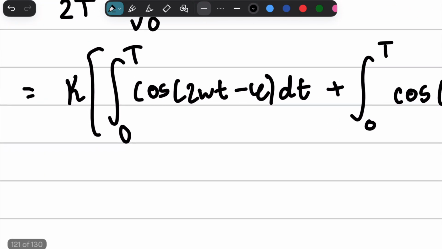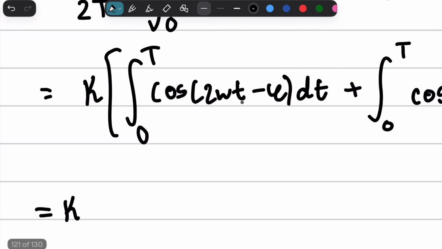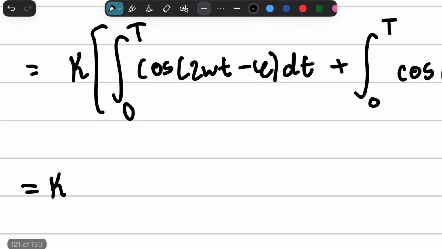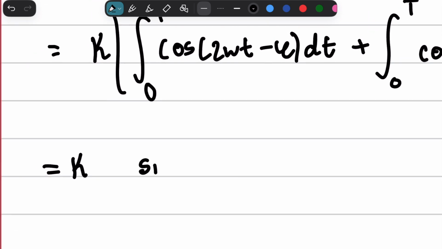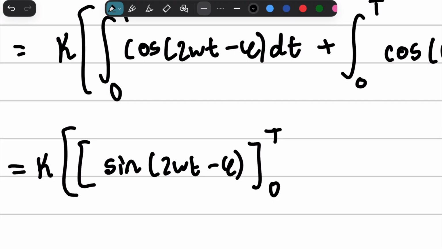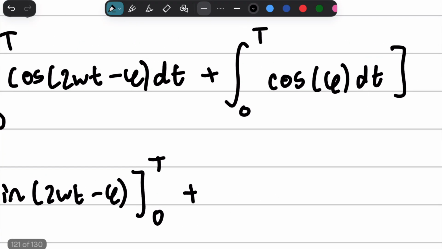And if we solve this out, we're going to get k, and then cosine 2 omega t minus phi. So the integral of cosine is just a sine, right? And we're going to have sine 2 omega t minus phi from 0 to T, plus, now this one is a constant.